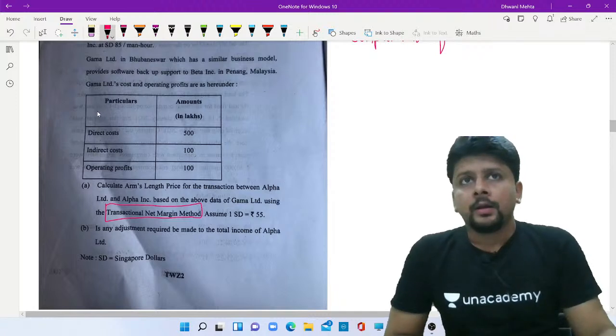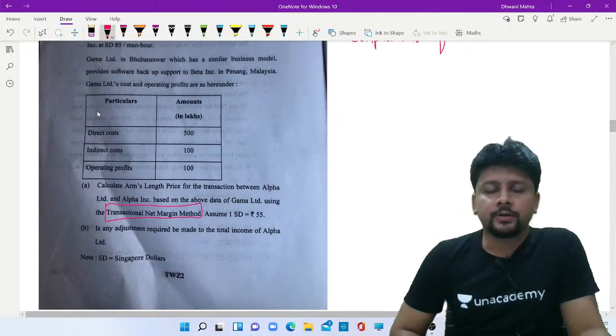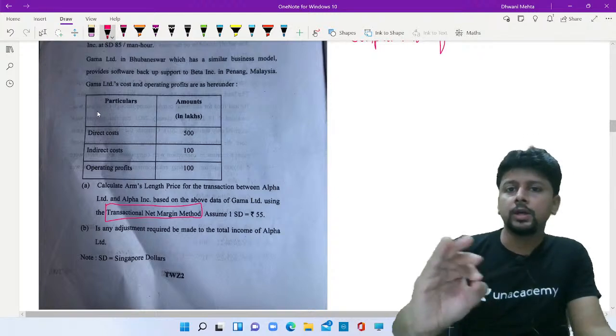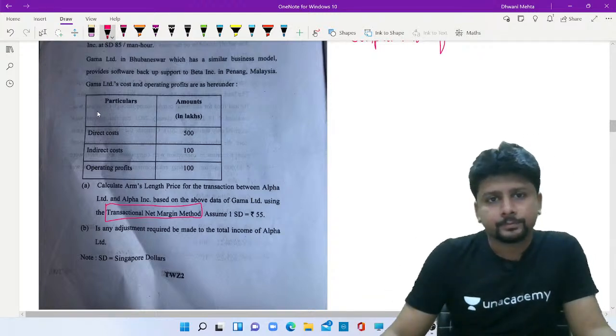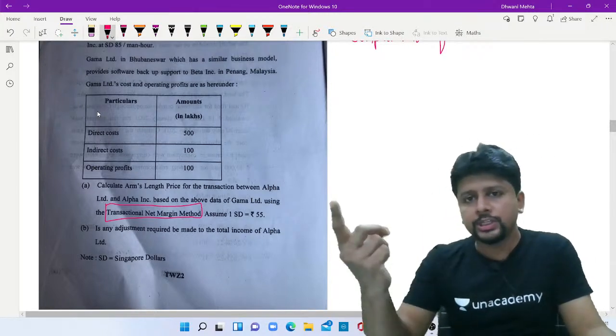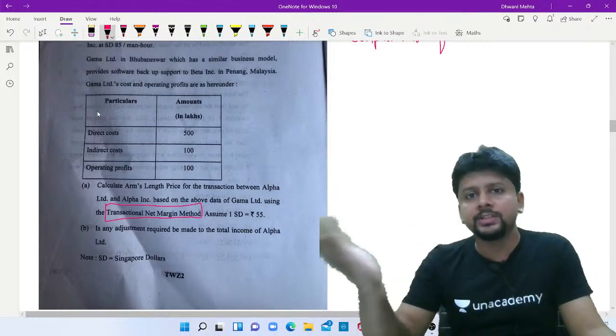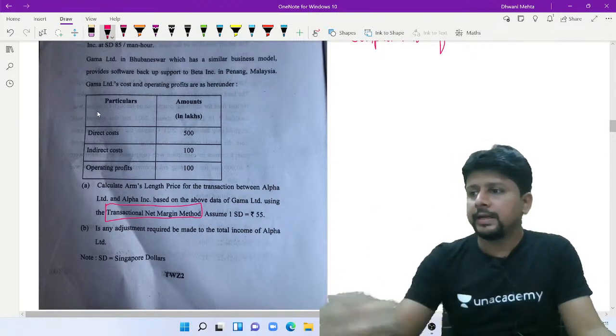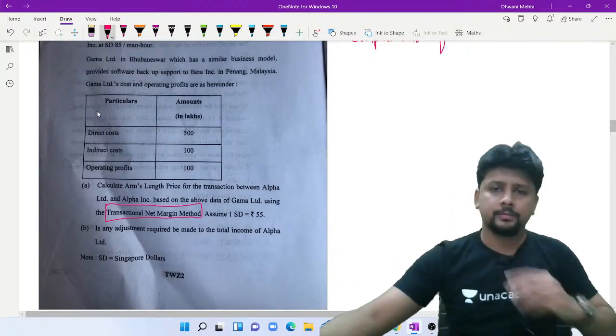Generally, questions based on transfer pricing, computation of arm's length price give you the information but do not indicate the method. As a student, you have to judge on your own which method will apply and solve the sum. Here, the examiner has made it even simpler.